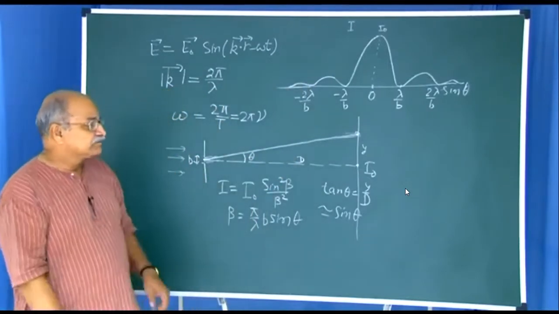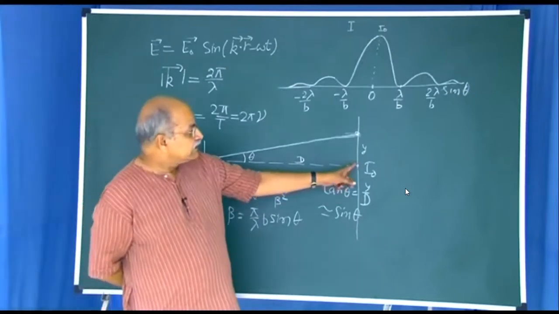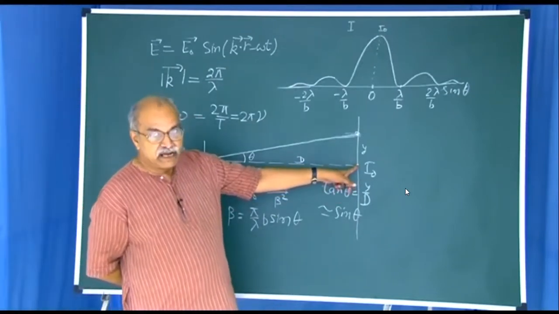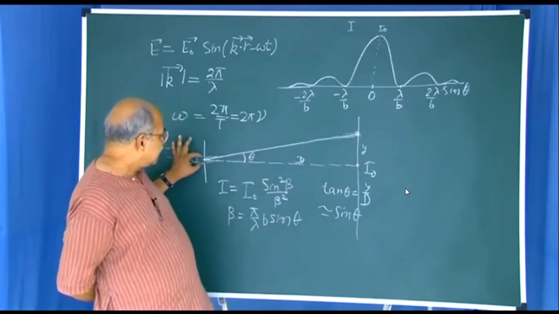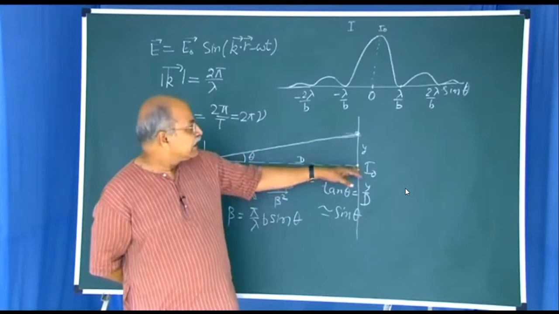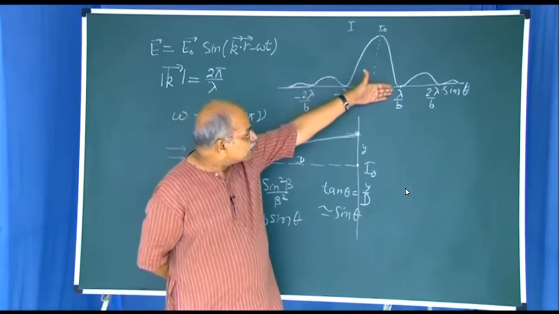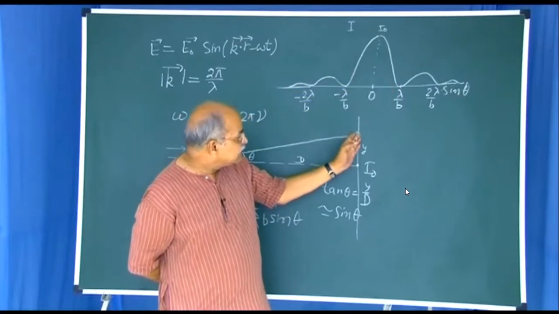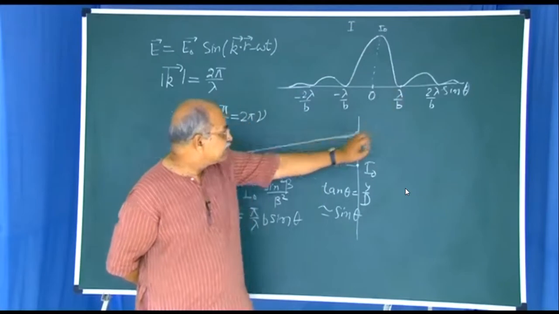So, what does it say? It says that right at the center the intensity is very high, which one expects. You have an opening and the light is going through, and right at the center intensity is high. Then the intensity decreases and becomes 0 at certain places on this screen where theta satisfies sine theta equal to lambda by b.